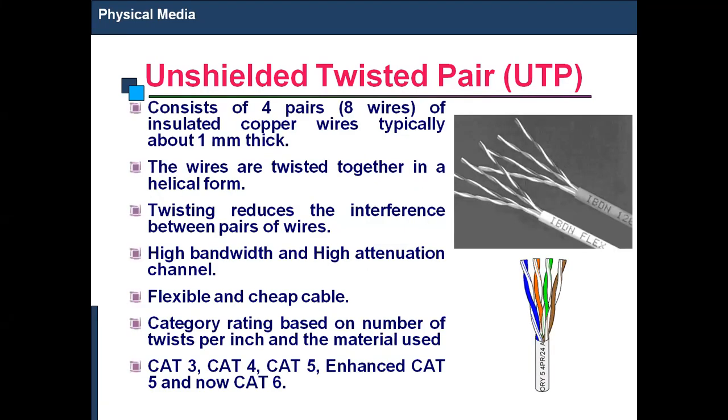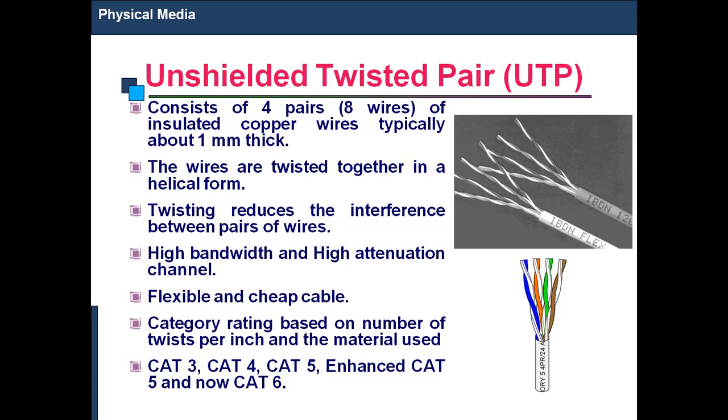In unshielded twisted pair cables, each jacket has 4 pairs, that is, 8 wires inside the jacket. The wires are twisted together in a helical form. Why do we twist the copper wires?